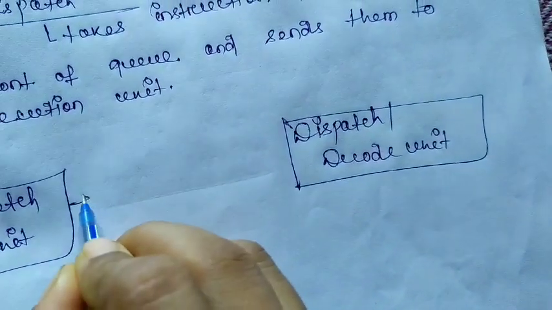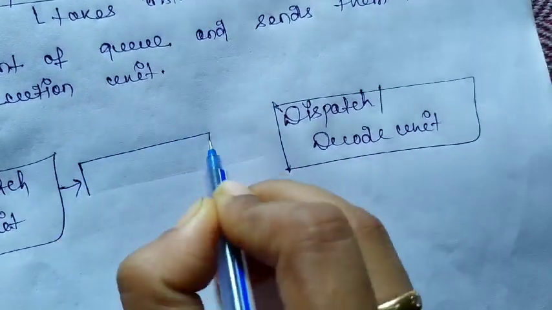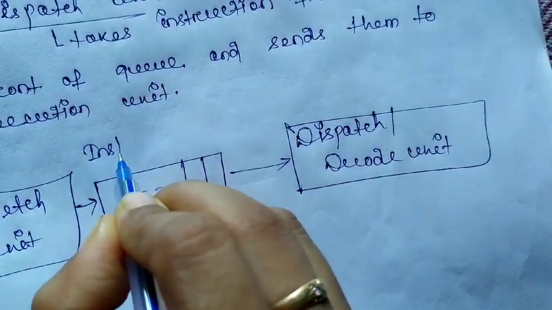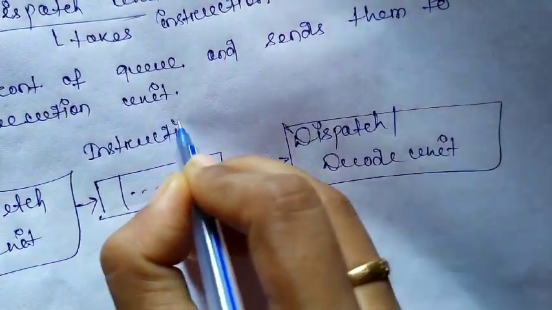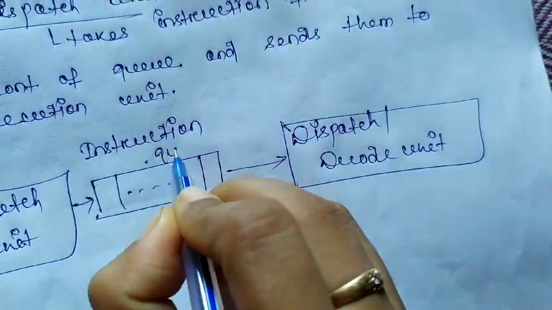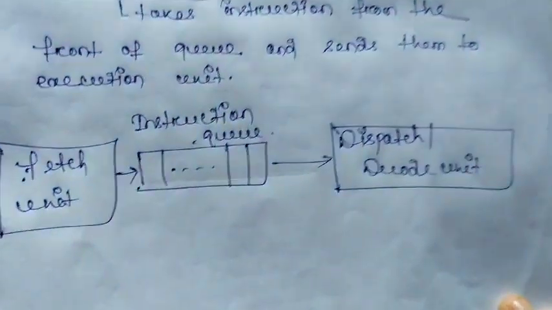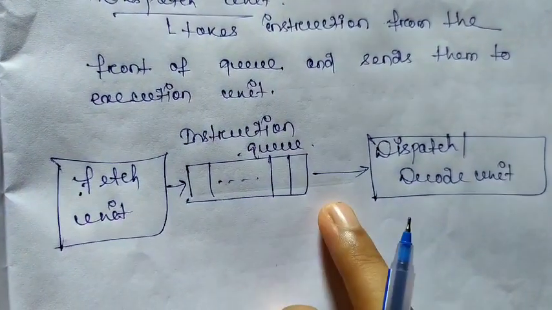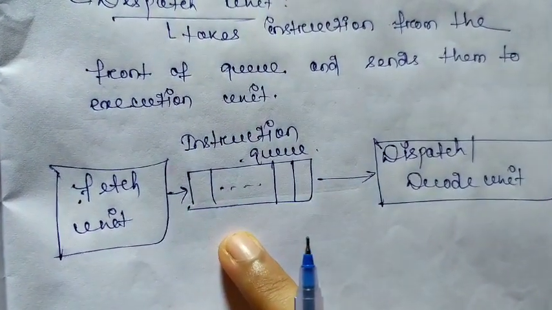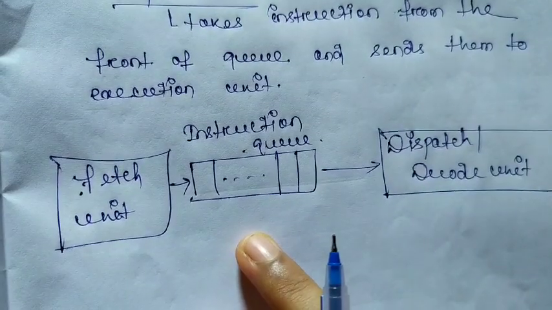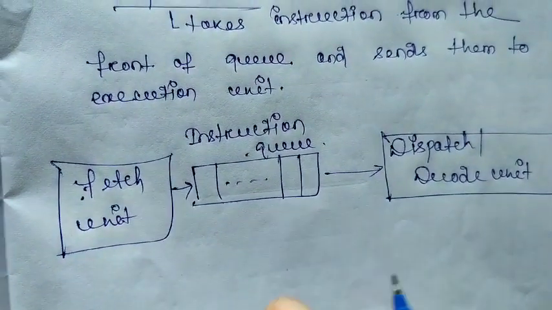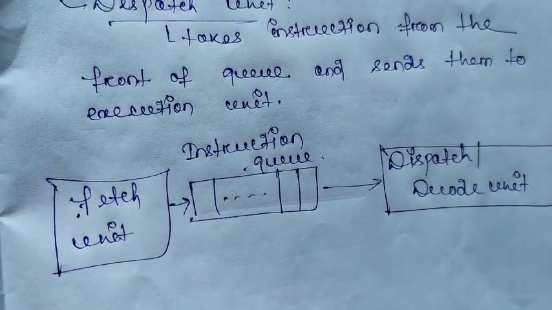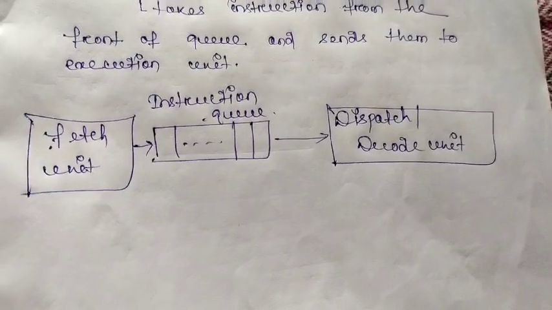There is a queue like this, the instruction queue, which stores the instructions by fetching them before the fetching time comes, and then the dispatch unit takes them.